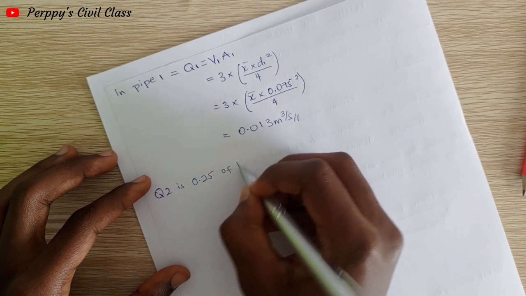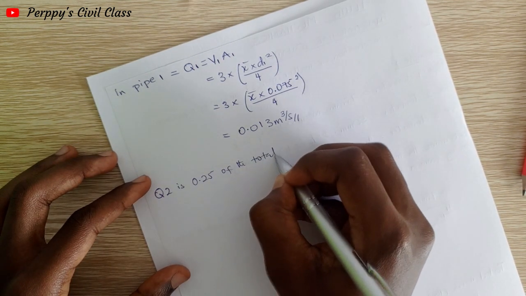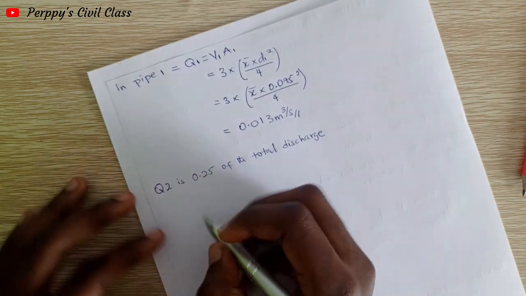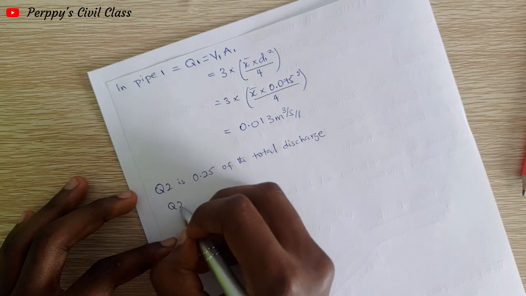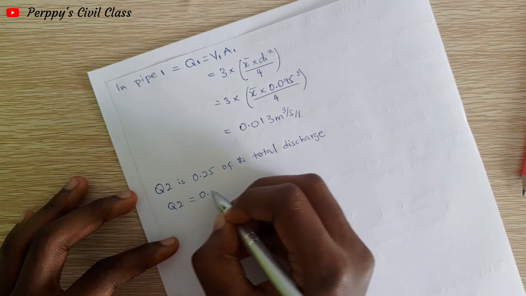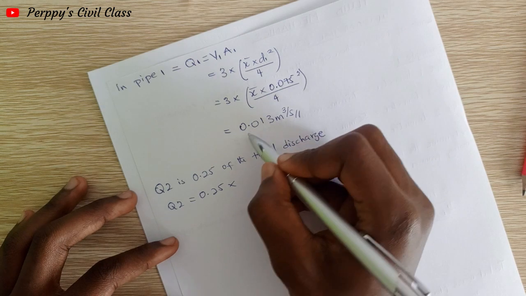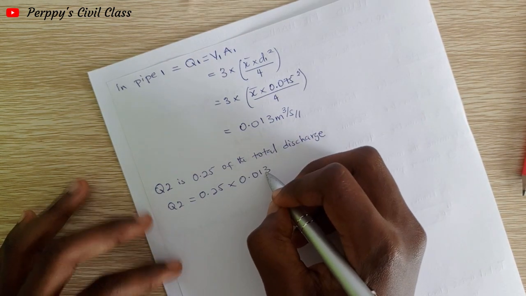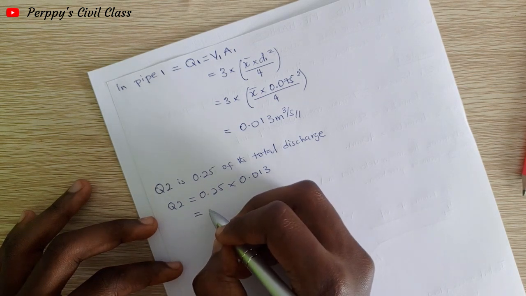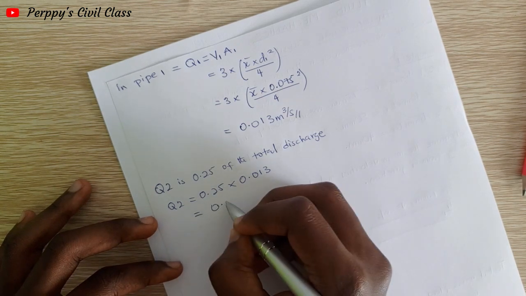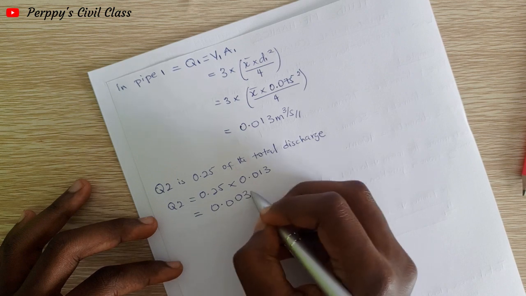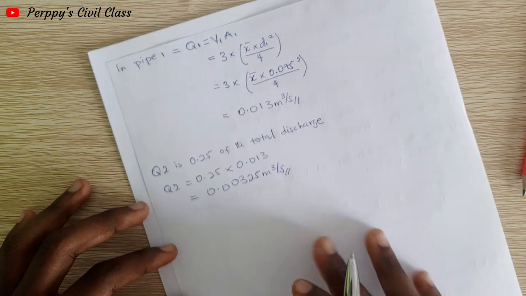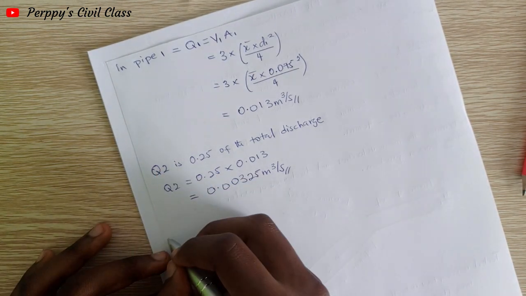So Q2 is equal to 0.25 times the total discharge, which is 0.013. You're going to have 0.00325 meter cube per second. Same as the Q3.